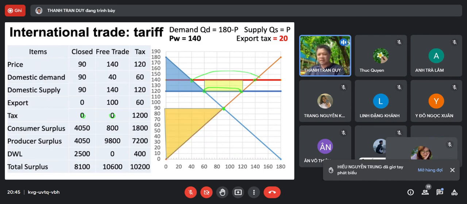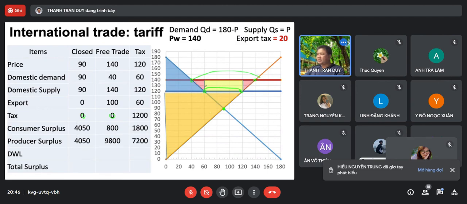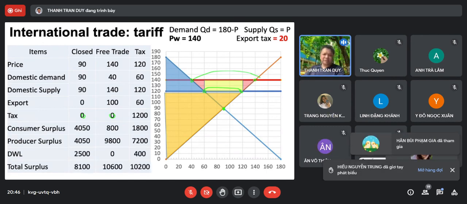So this is the producer surplus when we have a closed economy, with free trade, and with tariff. And you know how to calculate this one, right? And the net loss will be this one. Right. Any questions so far?